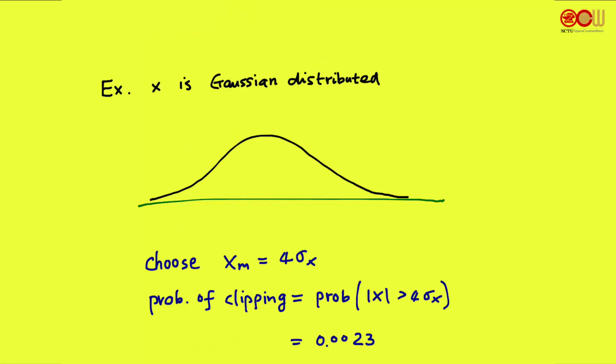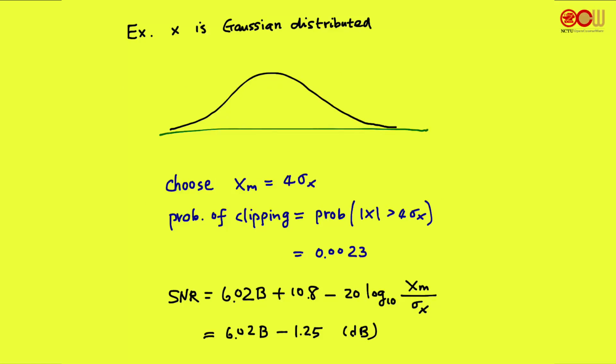For example, if x is Gaussian distributed, and we choose Xm to be 4 times the standard deviation, the probability of clipping is around 0.0023, about 0.2%.